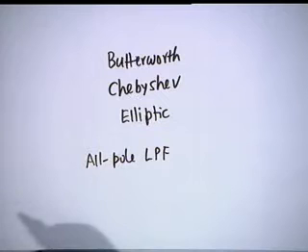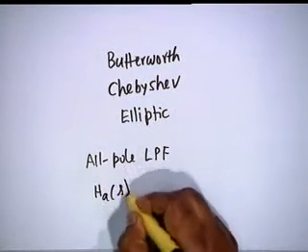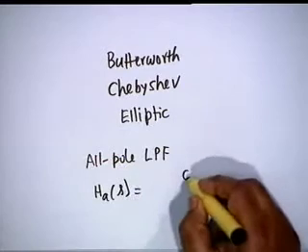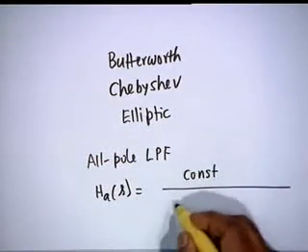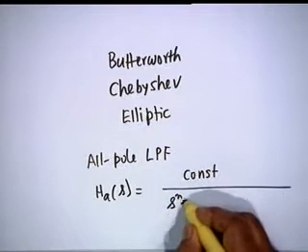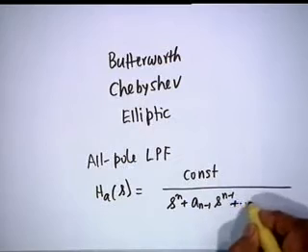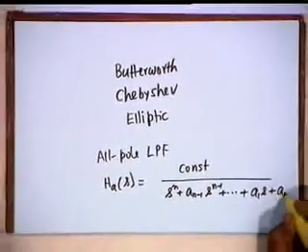So, there are zeros, but these zeros are all at infinity. And now we shall consider H A of S, because we are considering analog filters, and therefore all pole low pass would be some constant divided by S to the n plus A n minus 1, S to the n minus 1, and so on and so forth, plus A1 S plus A0.